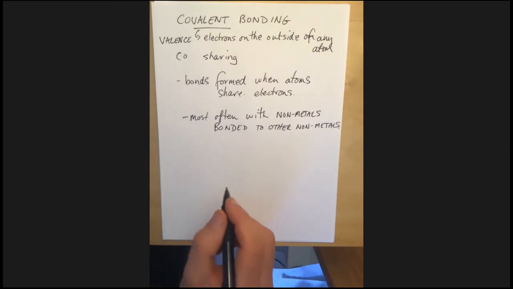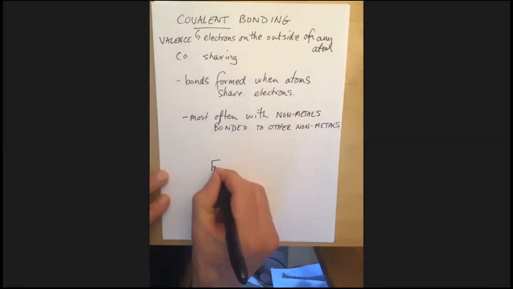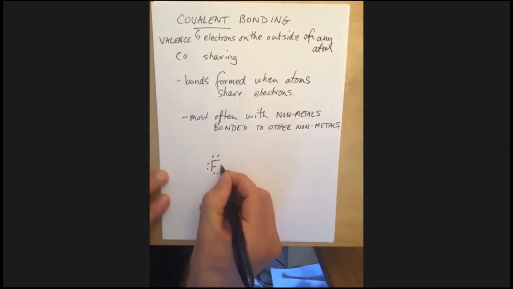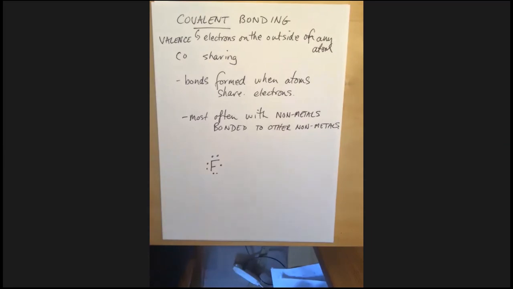And so if we look at something like a fluorine atom, in its outer shell of electrons, it has 1, 2, 3, 4, 5, 6, 7 electrons. And if you're unsure about that, let me just share my screen here for a second.